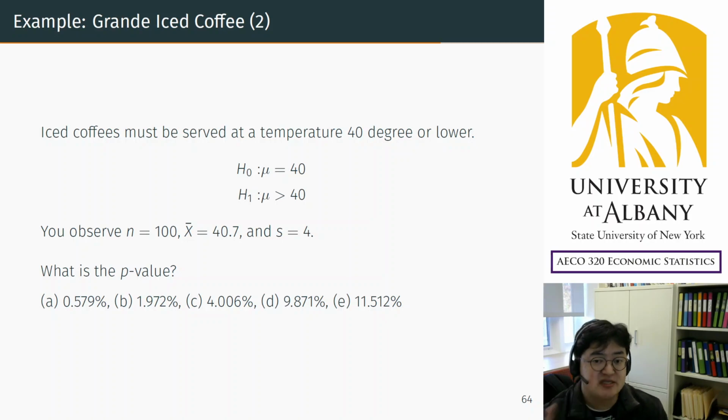But if it's not cold enough, then it is a problem, right? So we observe 100 samples, the sample average is 40.7 degrees, and the standard deviation is 4 degrees. What is the p-value? Calculate here. And note that the direction of inequality is now greater, so it's an upper tail test. Keep that in mind when you calculate the p-value.